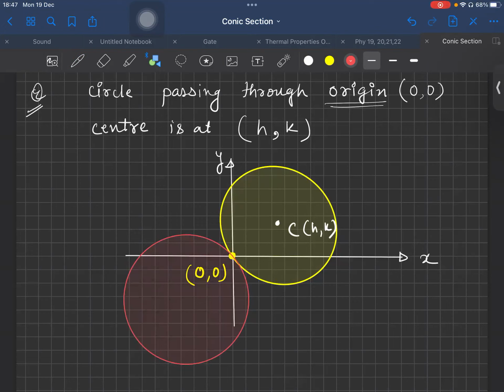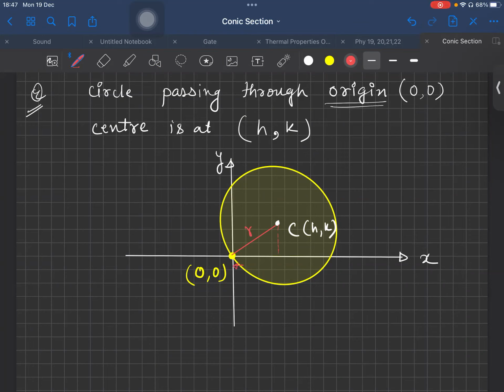So in that case, its center will be here, h comma k. I'm just removing it for your understanding. So how will you find the radius? Anyone? Sir, distance formula from center to origin. Yes. So this is the radius, isn't it?